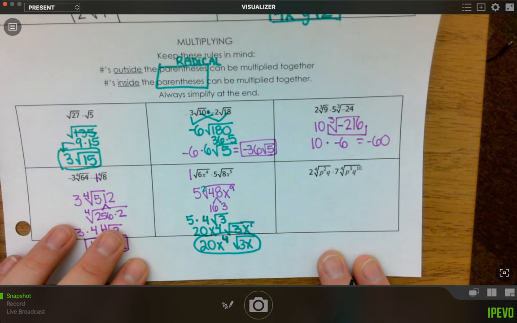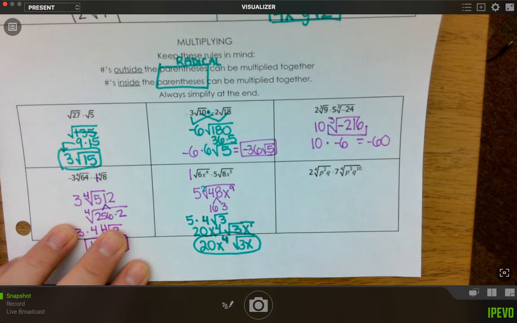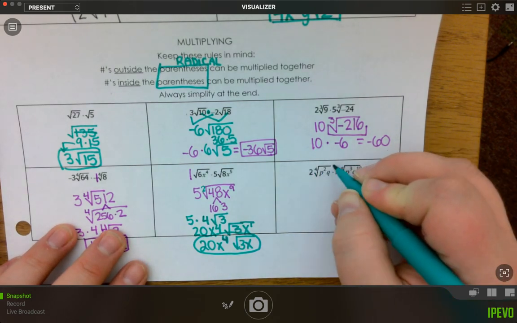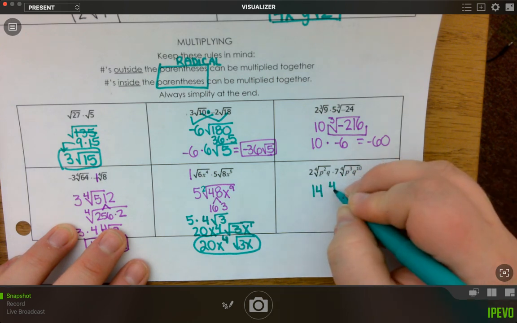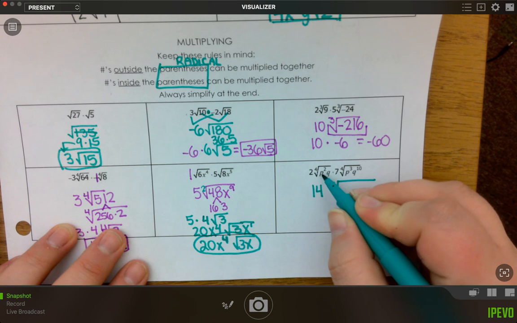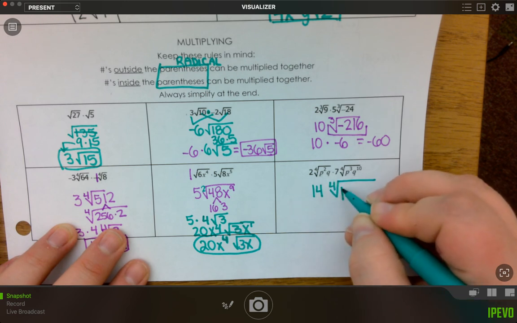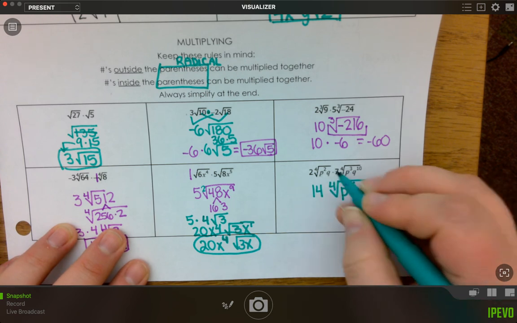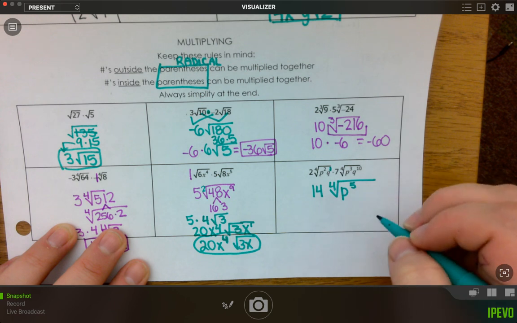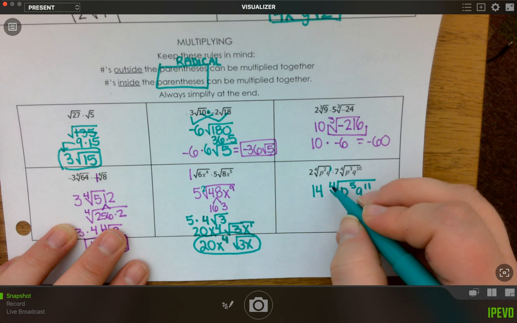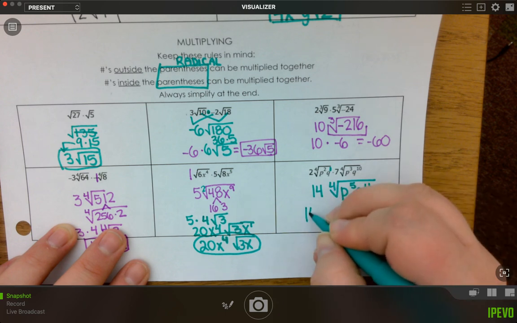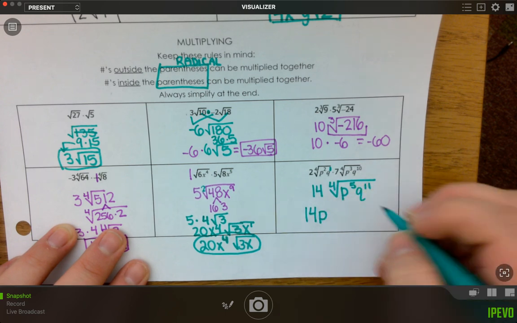And last but not least, over here, the numbers out front are 2 and 7, which makes 14. 4th roots of 2p's and 3p's makes 5p's. 1q and 10q's makes 11q's. And 4 goes into 5 once, so we can put a p to the 1st power outside.